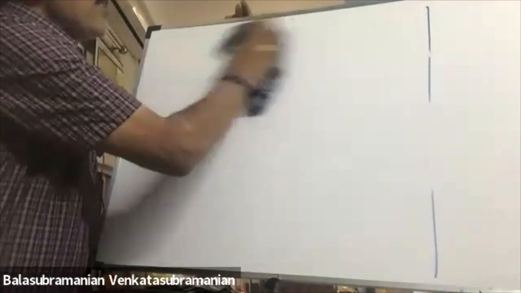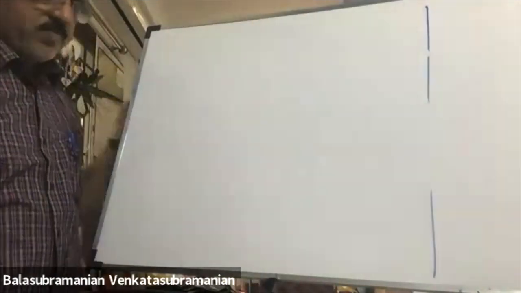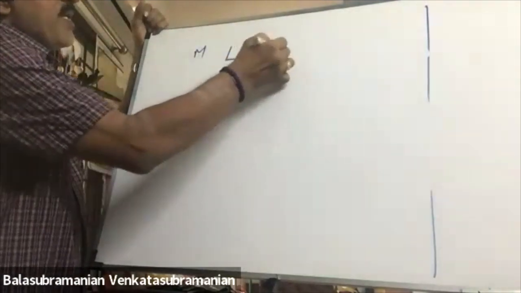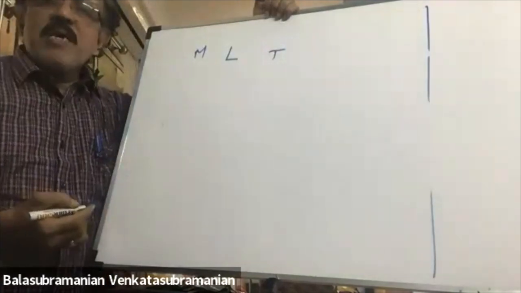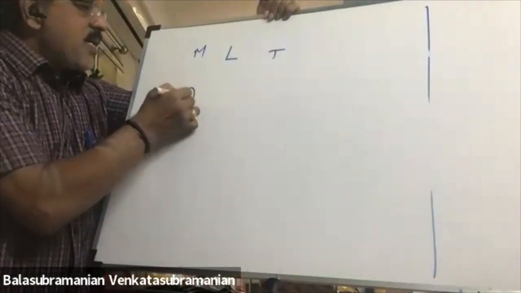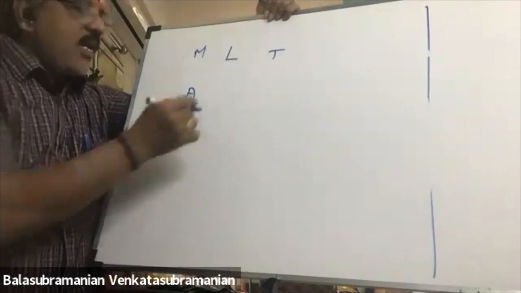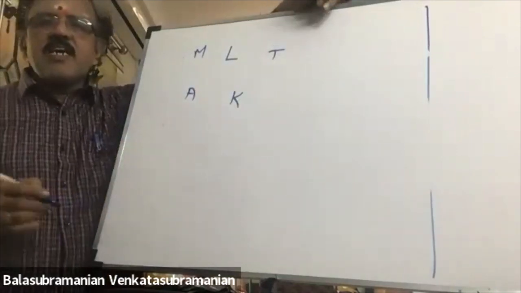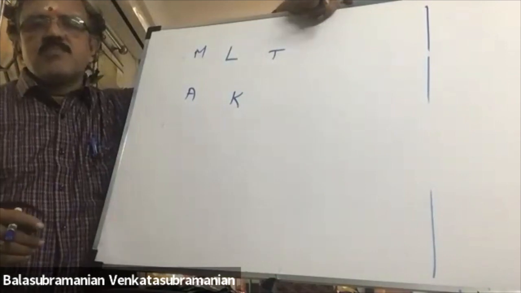And dimensional formula. Mass capital M, length capital L, time capital T, current capital A, temperature capital K. These are the 5. 99% we will use.